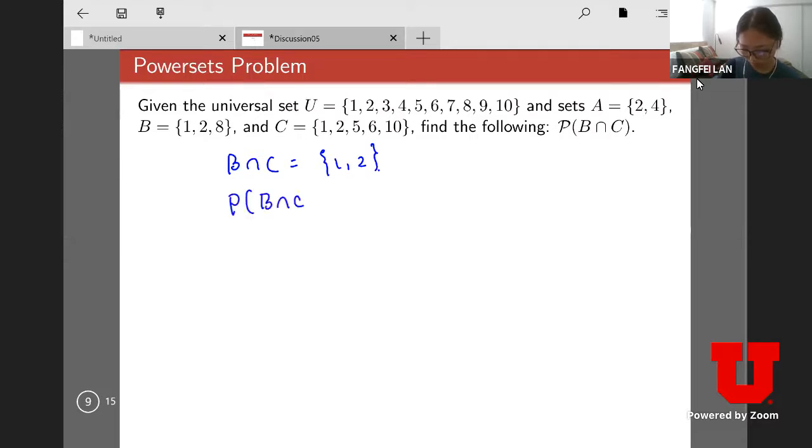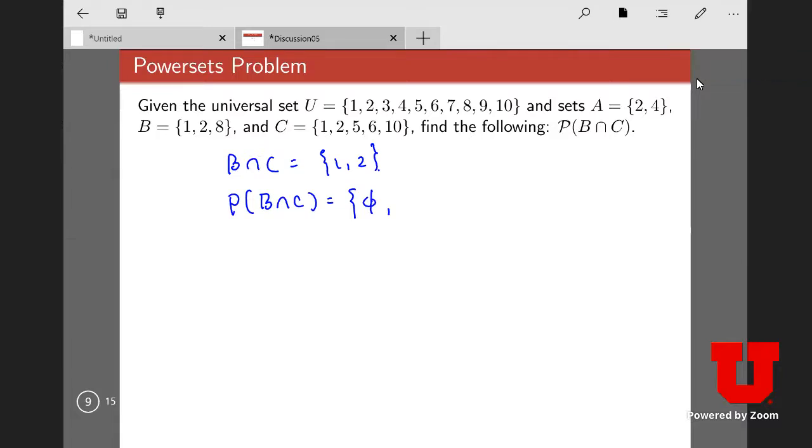So what is the first one? The trivial one. Empty set. Yep. We have the empty set. And then we have what? Set 1. Yep, set 1. And then the next one, 2.